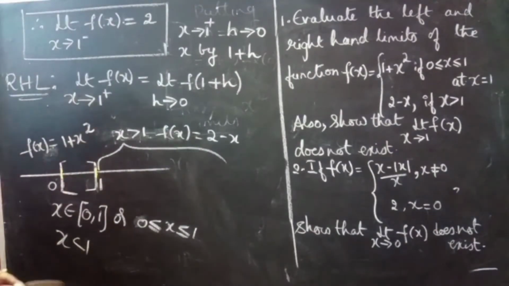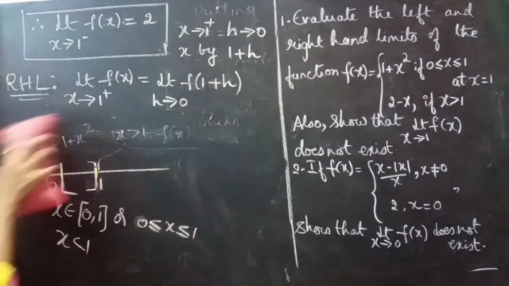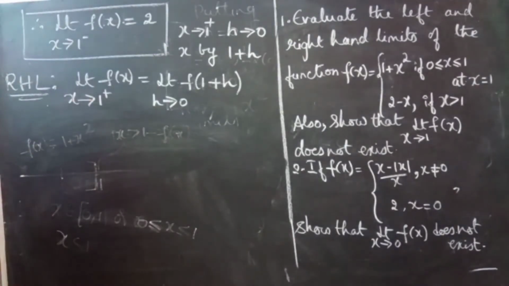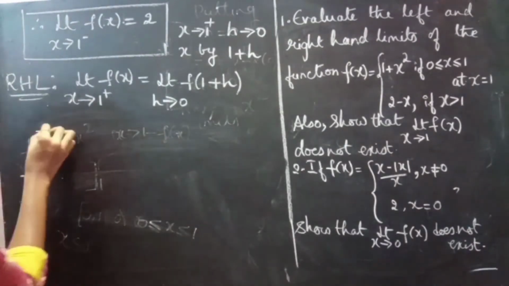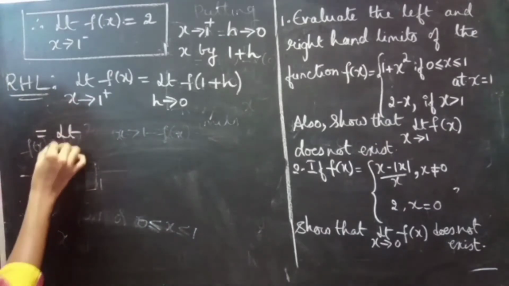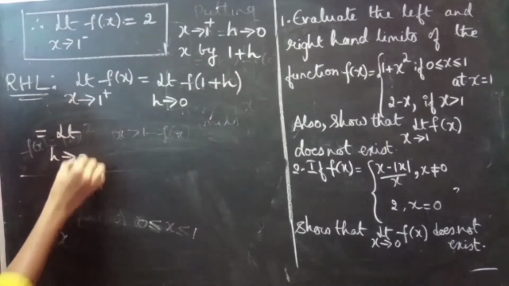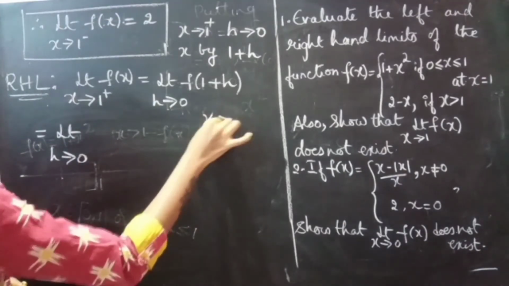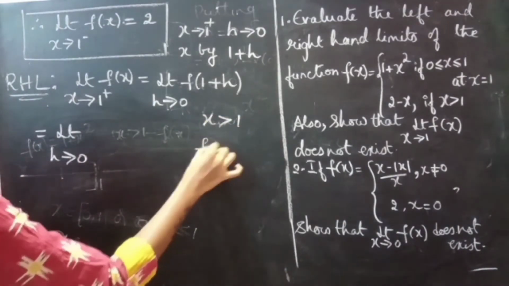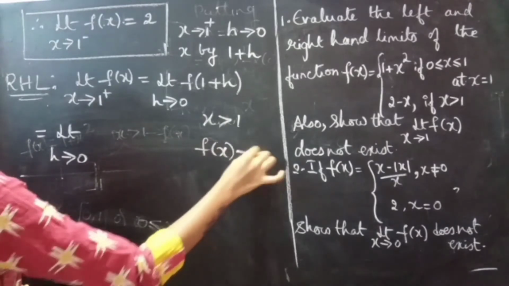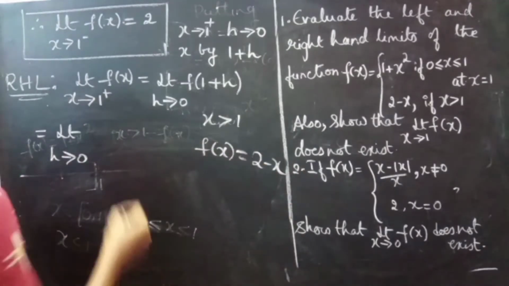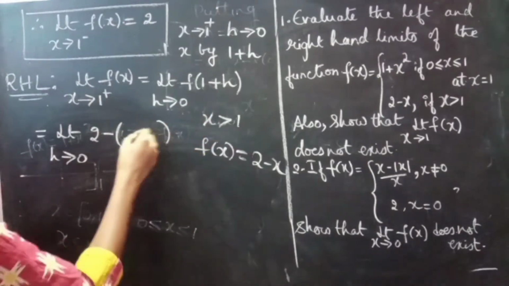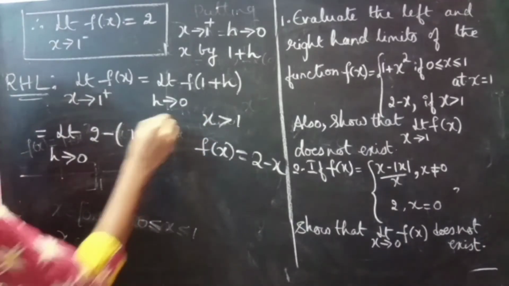So this equals limit h tends to 0. Since when x is greater than 1, f of x equals 2 minus x, that is 2 minus, in the place of x, replace 1 plus h.